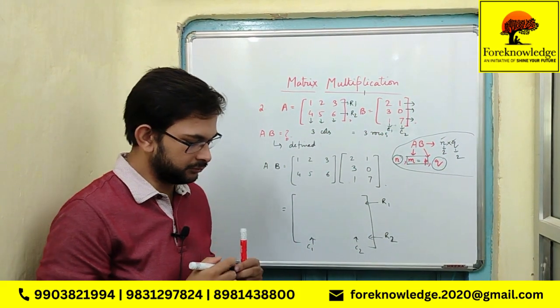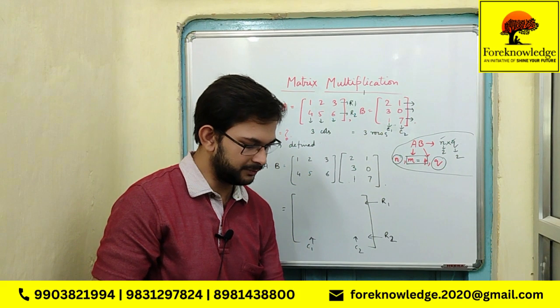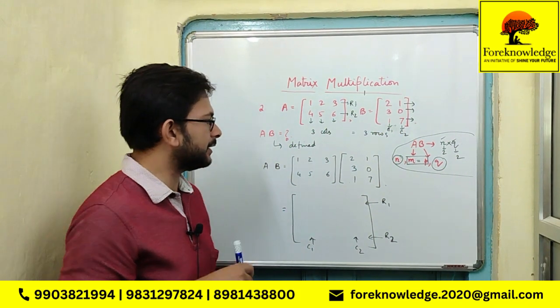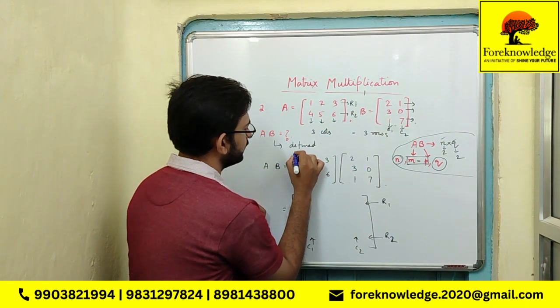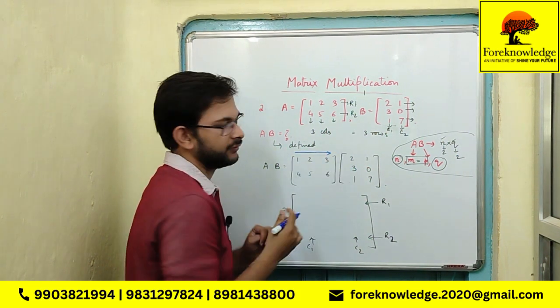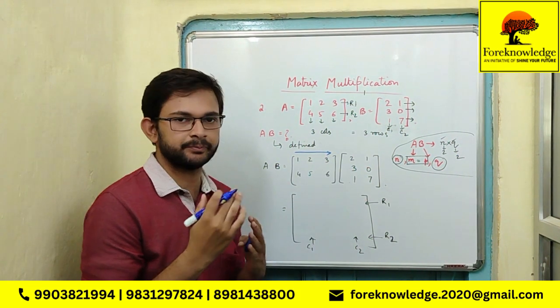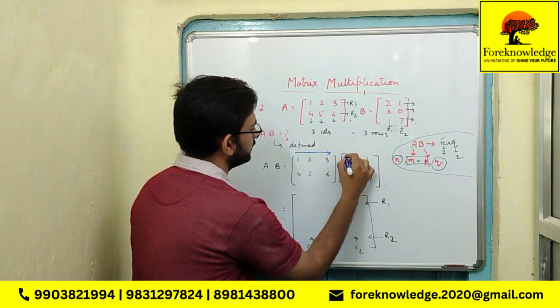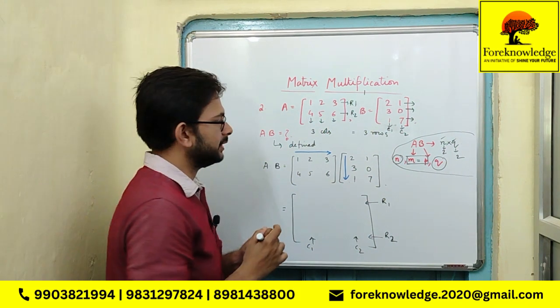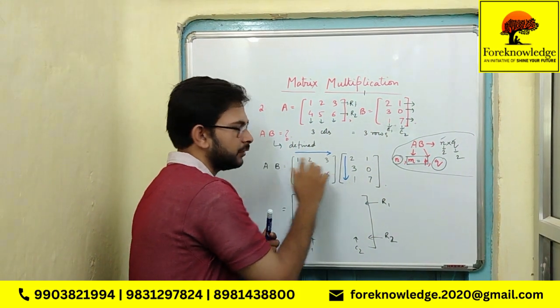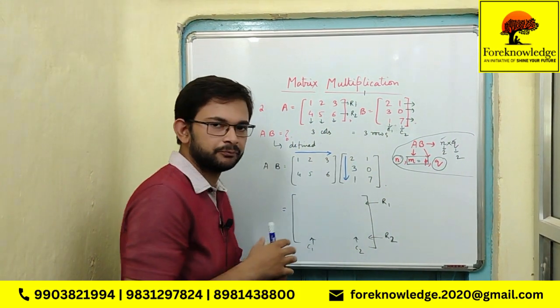Fine. So now let's move into the multiplication. How do we multiply? We multiply according to the row of the first matrix, that means the pre-multiplier, and the column of the post-multiplier. We multiply along the row of the pre-multiplier and the column of the post-multiplier.